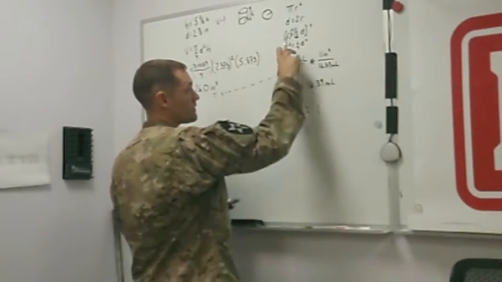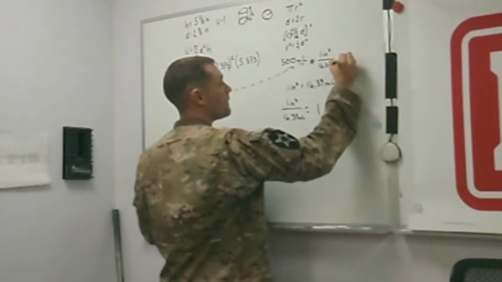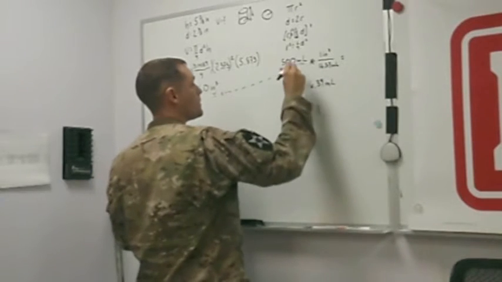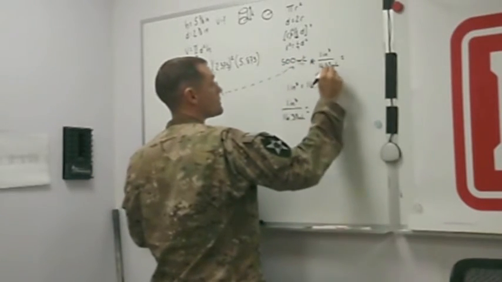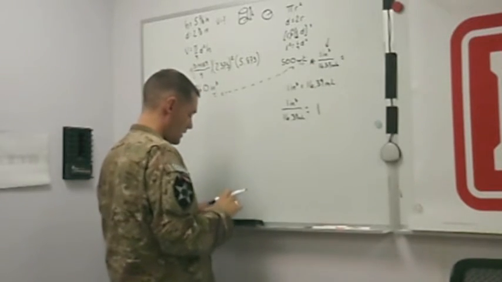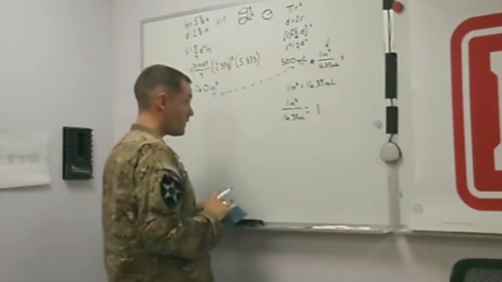So 500, this volume times 1 still gives us the same volume. But when we look here, we've got milliliters on top, milliliters on the bottom, so the units cancel out, leaving us with inches cubed.